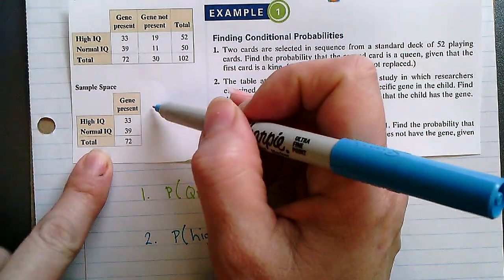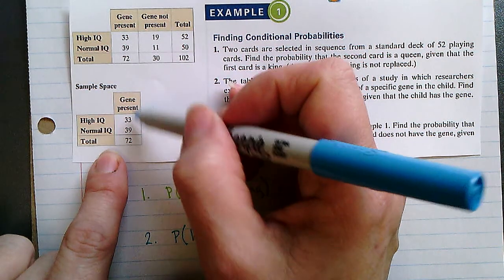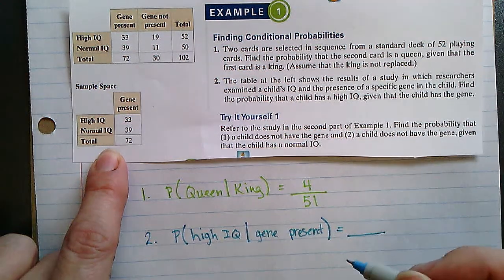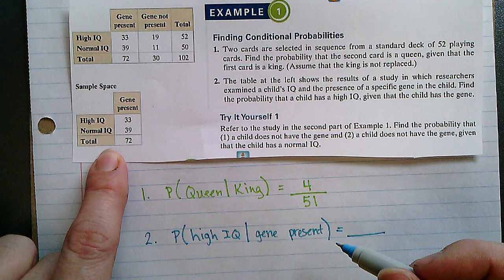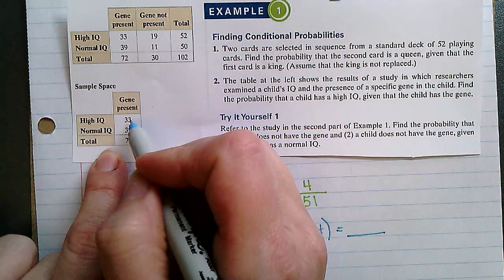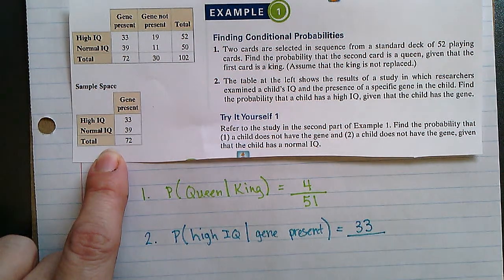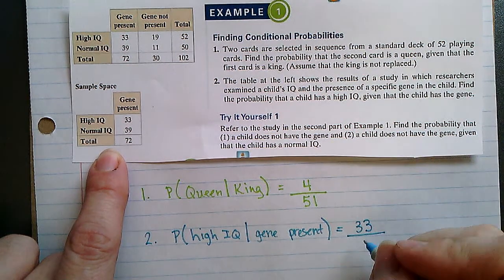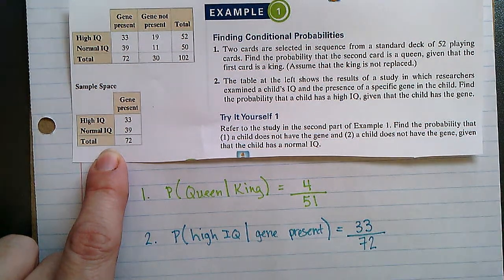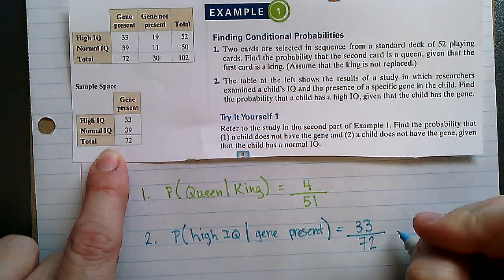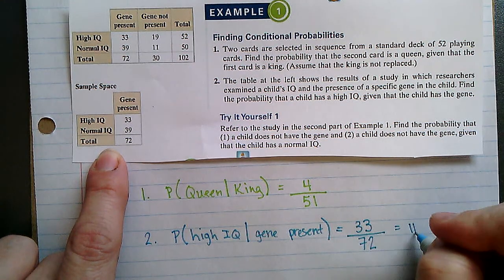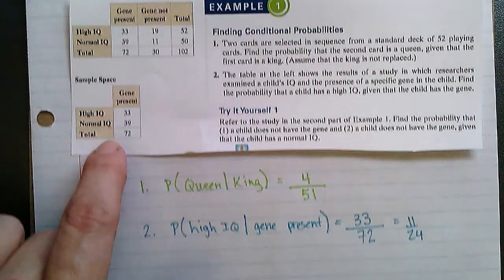So we are narrowing our sample space down to the gene being present. Given that the gene is present, the number of outcomes for high IQ is 33, and the total number of outcomes is only 72 because we know the gene is present. So it would be 33 out of 72, which would simplify to 11/24.